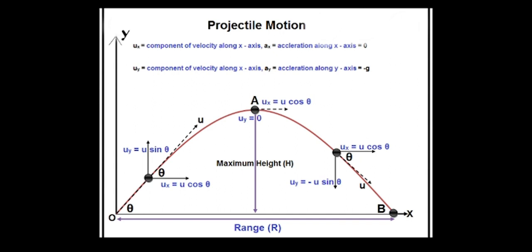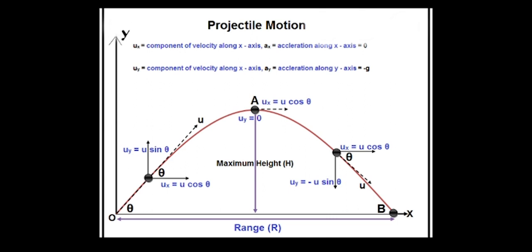This velocity decreases to 0 up to its maximum point, that means when it reaches its maximum height, and again increases in its downward motion till it touches the ground. Since gravitational acceleration is acting vertically downwards, the horizontal velocity of the motion is not affected and it is u cos theta throughout.